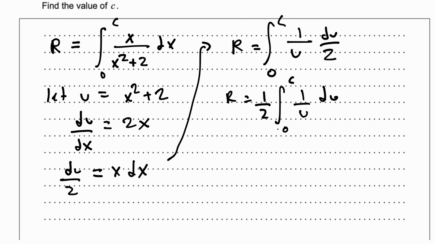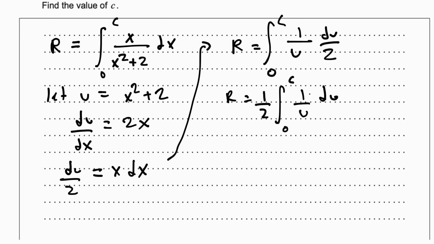Now let's solve this integral, shall we? We know 1 over u, using our formula booklet, will just be ln of u. So region R is 1 over 2 ln u going from 0 to c.